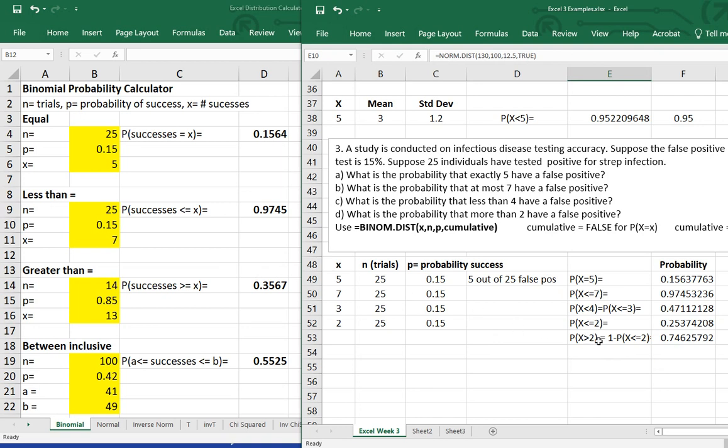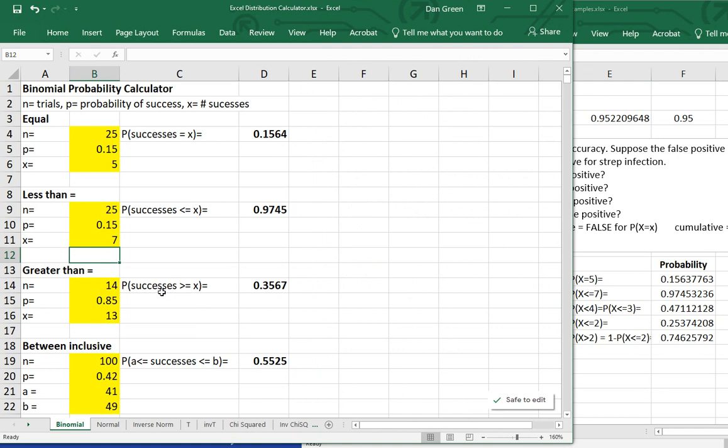So strictly greater than 2, this is a greater than or equal, so strictly greater than 2 is going to be greater than or equal to 3, because strictly greater than 2, the next number up is 3. So we need a 25 here, a 0.15, and then a 3. And this gives us .74625. That's the same. Pretty cool.